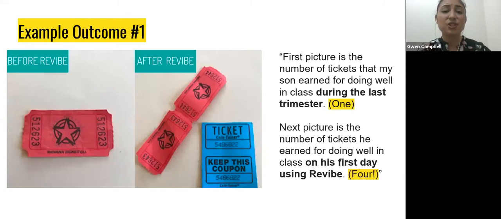So in the first picture on the left, they use a ticket system in their school. So the child only received 1 ticket the entire trimester before they started wearing ReviveConnect. And then on the right is just the first day of wearing Revive. So they were 4 times more successful in 1 day just because this child was getting reminders to stay on task.